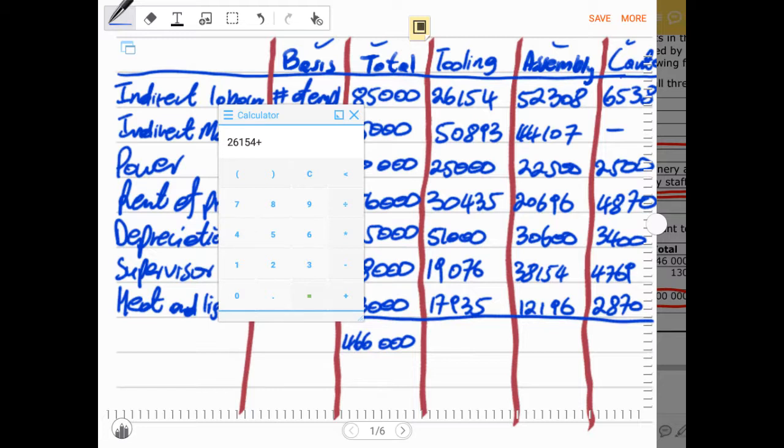26,154 plus 50,893 plus 25,000 plus 30,435 plus 51,000 plus 19,076 plus 17,935.